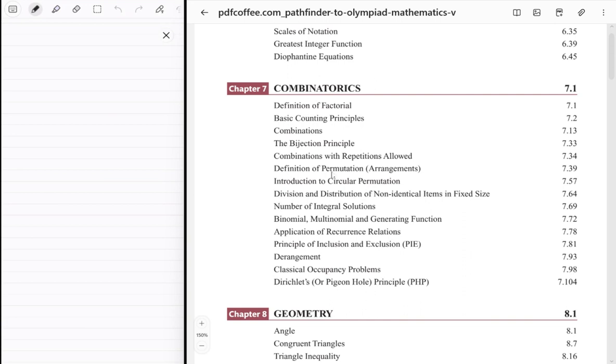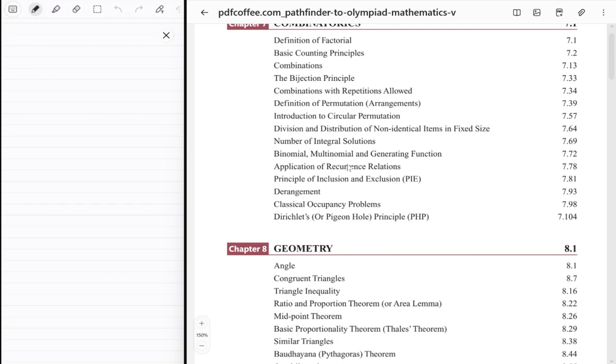Yeah, okay, that thing. I know that bijection, right? And then creating sequences for something that is not directly related to sequences. So a sequence of correct, incorrect, something like that, or 1s and 0s, right? Yeah, that would be fun. Combinations with repetitions allowed. Permutation, circular permutation, non-identical objects in fixed boxes. Yeah, whatever. We'll do that when we get there.